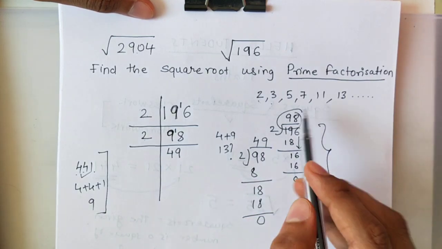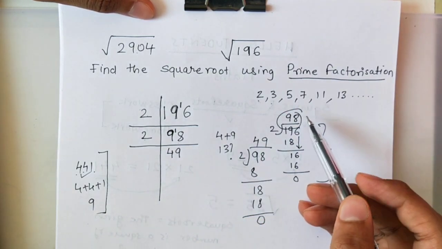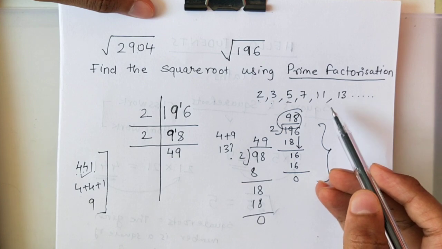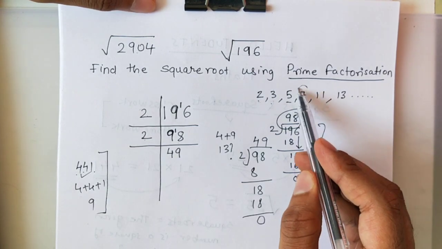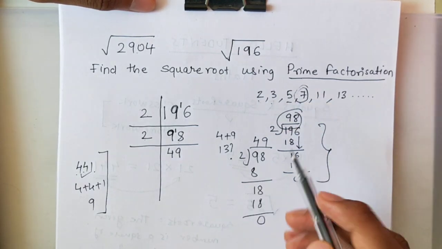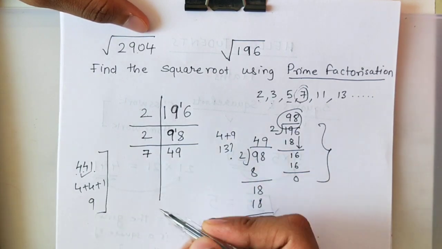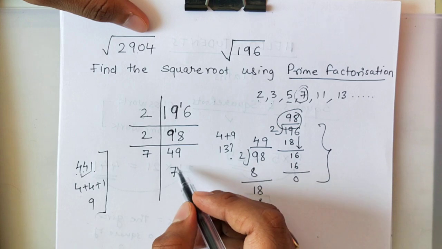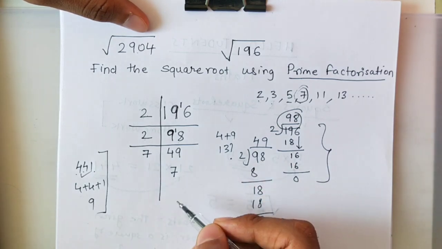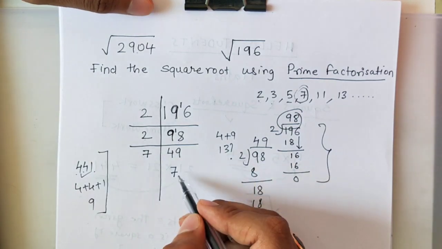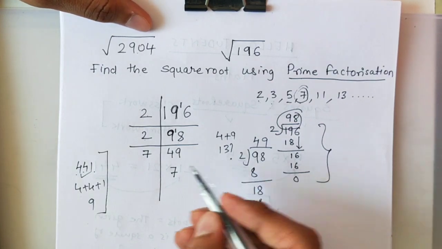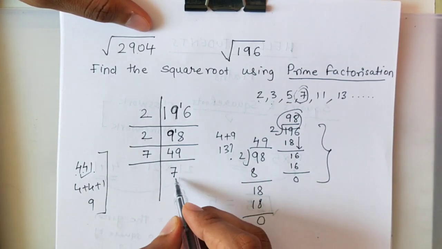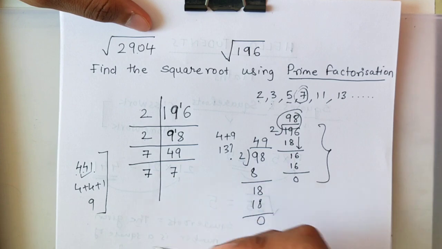Now I have 49. 49 is not divisible by 3, and also not by 5. Then 7. Yes, 49 is divisible by 7. So I'll write 7 here. 7 sevens are 49. Exactly divisible. And then this 7 is again divisible by 7 itself.